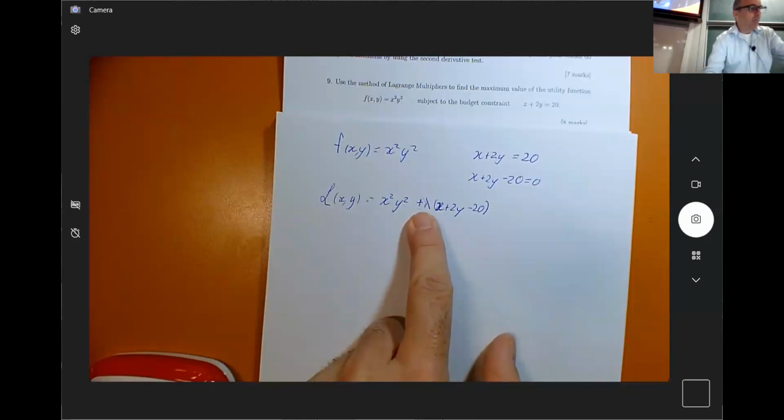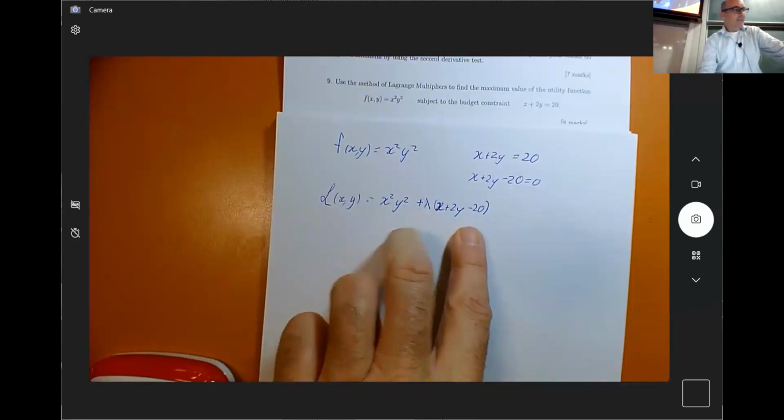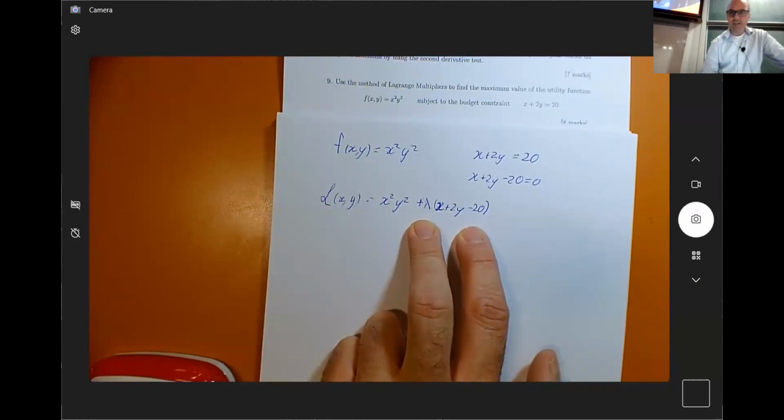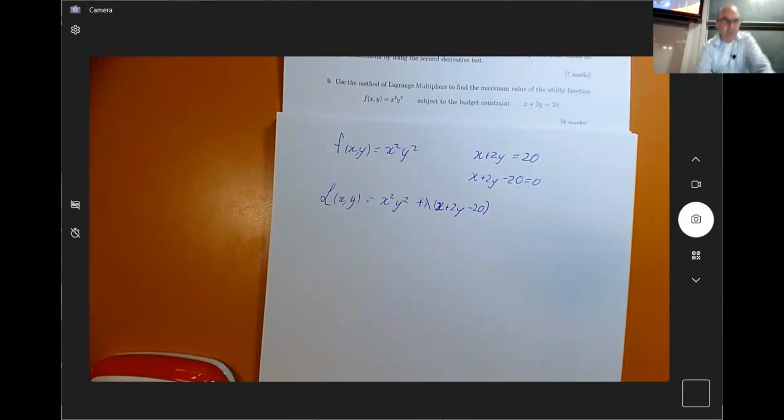There's a bit of a thing about whether I use a minus or a plus here. It won't make any difference to the final answer, but I would like to make sure I stick to the way your lecturer has done this.